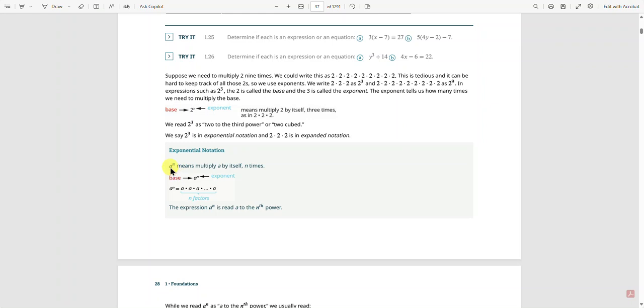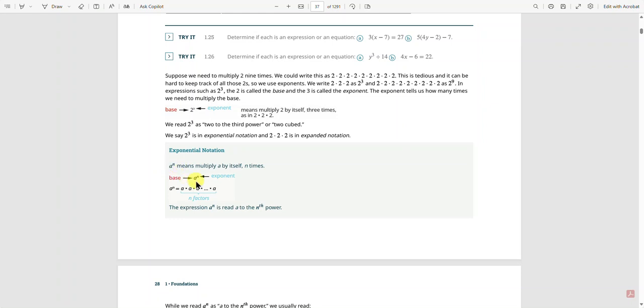So we see that a to the nth power, or a taken n times, is expressed like this, with a written as the base and n written as an exponent. A taken n times, or a to the nth power.